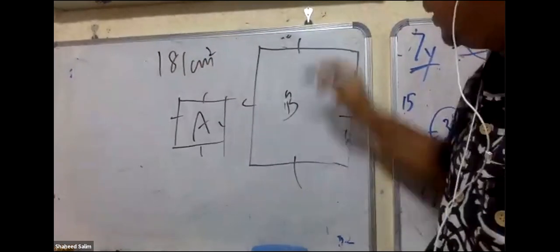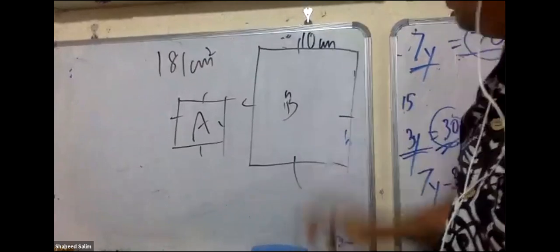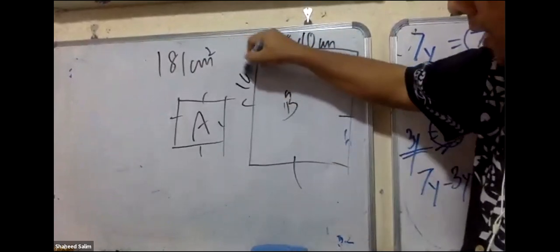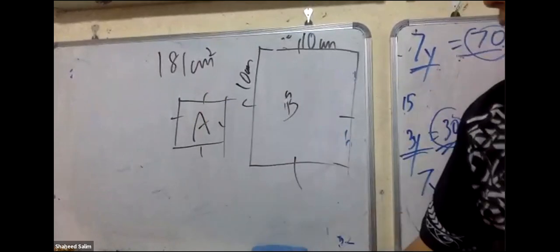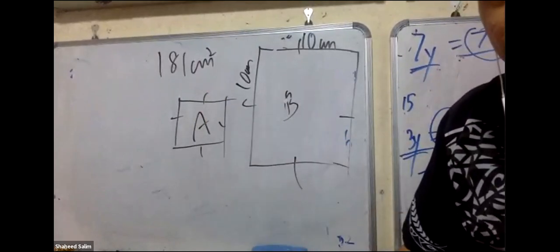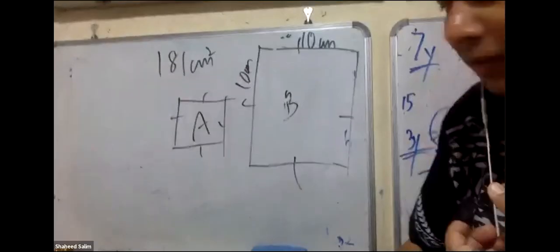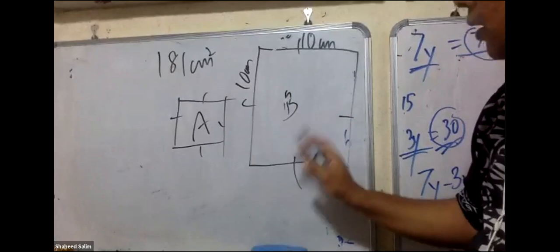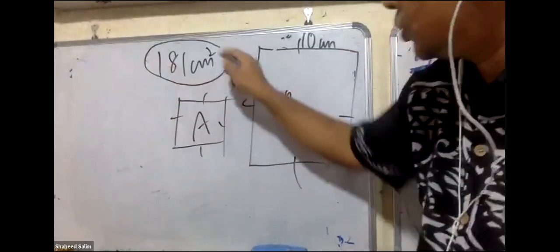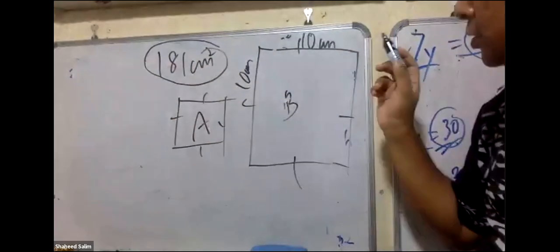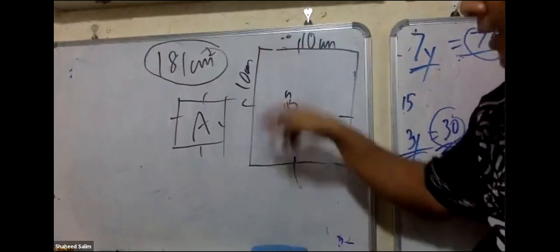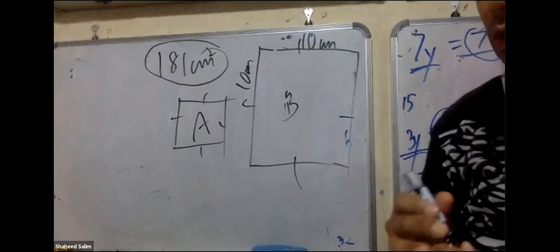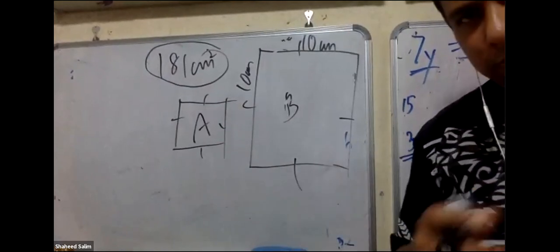The bigger one is a 10 cm by 10 cm square. What is the length of the smaller square? Understand the question? There are 2 squares, A and B. The total area of both squares is 181 square cm. The bigger square has a side length of 10 cm. What is the length of the smaller square?